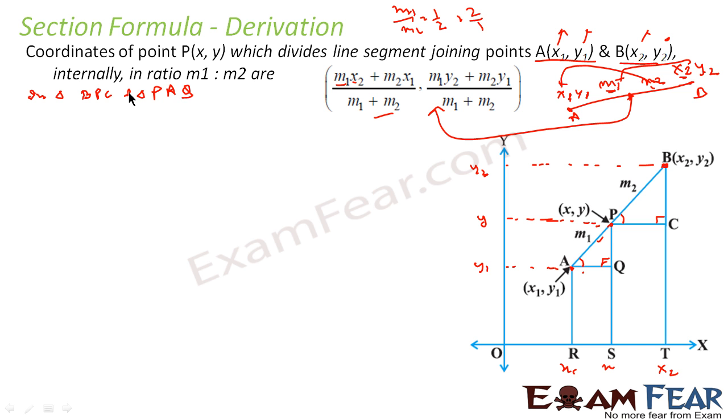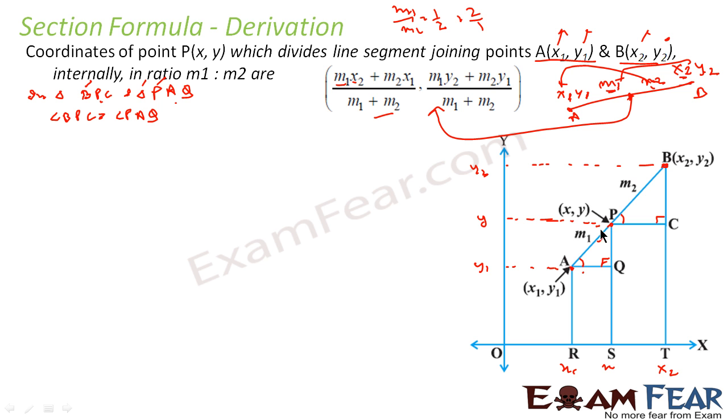BPC and triangle PAQ. I am taking BPC and PAQ because angle B is equal to angle P, right? This angle P is equal to angle A, and angle C is equal to angle Q. You can say that angle BPC is equal to angle PAQ. Why?